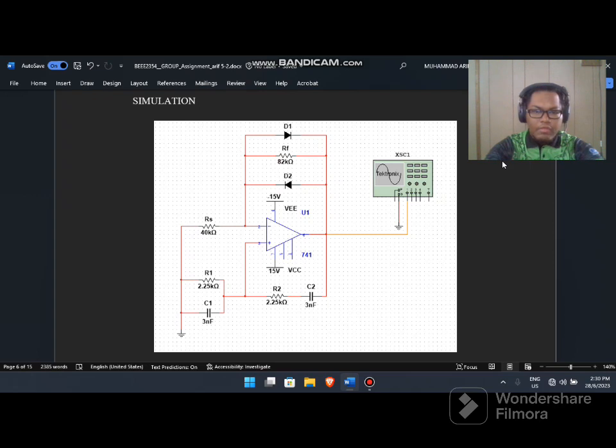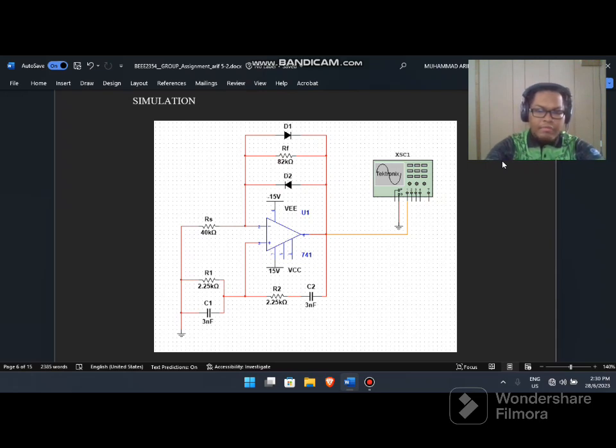We use diode D1 and D2. The operational amplifier or op-amp we use is the 741 IC. We supply 5 volt VCC and negative 5 volt VEE.